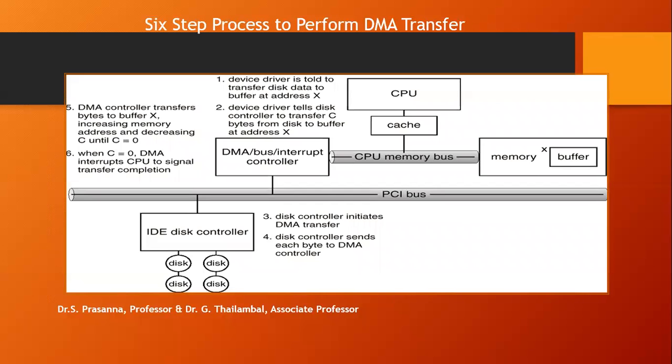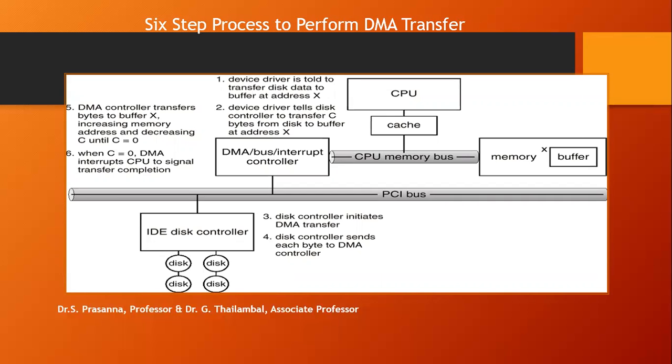These are the 6 steps to perform a DMA transfer. The first step is the device driver is told to transfer disk data to a buffer at address X. This is the command given by the device driver. The device driver tells the disk controller to transfer C bytes from disk to the buffer at address X. This happens as the second step. The third step is the disk controller initiates the DMA transfer.